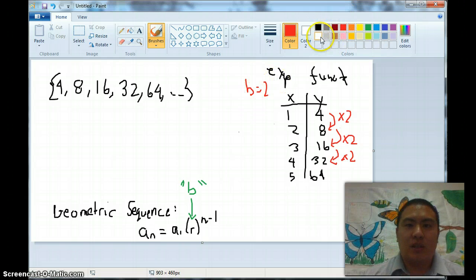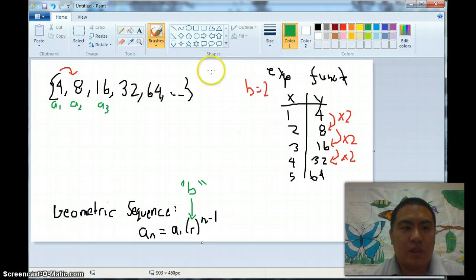Alright, let's go back to geometric. I'm thinking the same way. Remember that this is called a sub 1, a sub 2, a sub 3, on and on. If I'm looking at a sub 2, how do I get a sub 2?